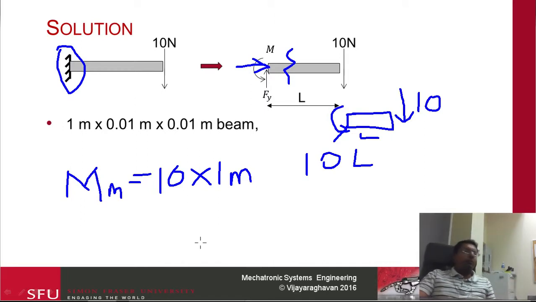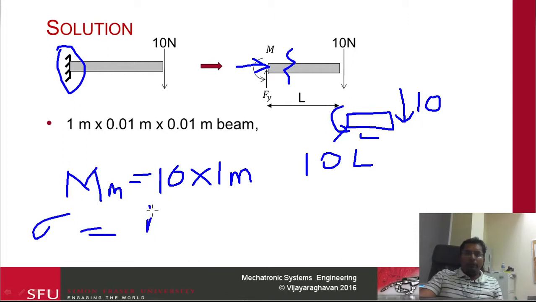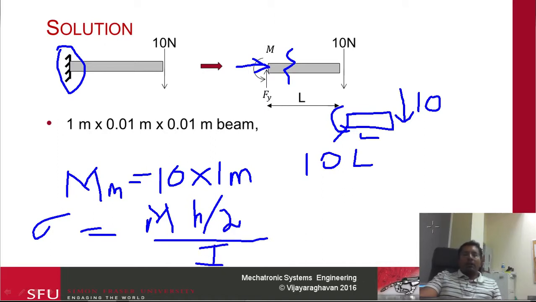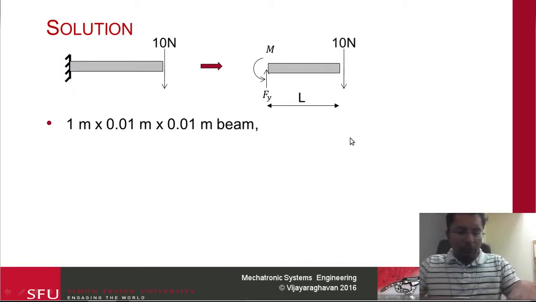So now that we have the maximum bending moment, we can calculate the sigma, which is going to be this M, and then we need to multiply by half the height, and then divide by the I, which is the area moment of inertia. So we need to calculate this value of I. We'll keep this. So how do we calculate I?